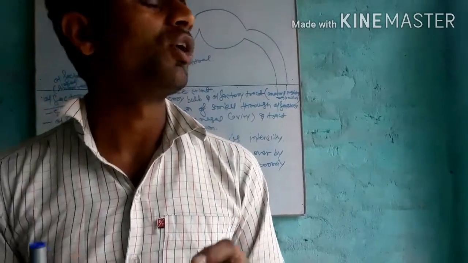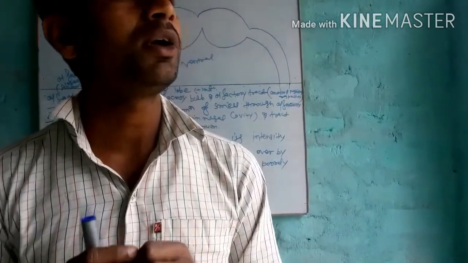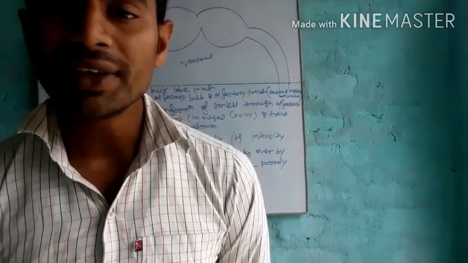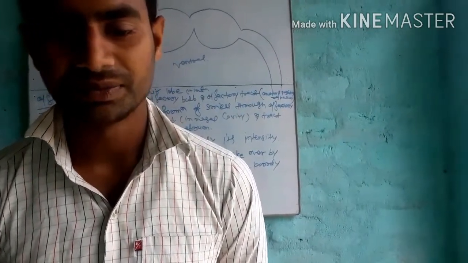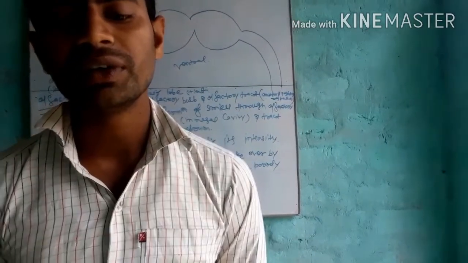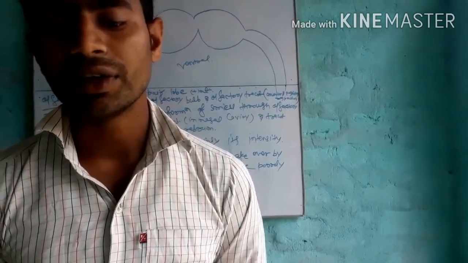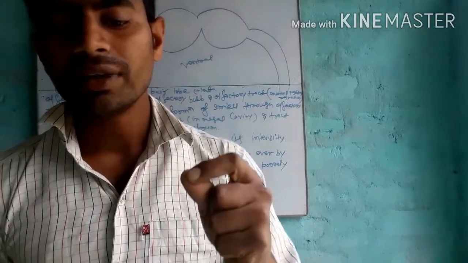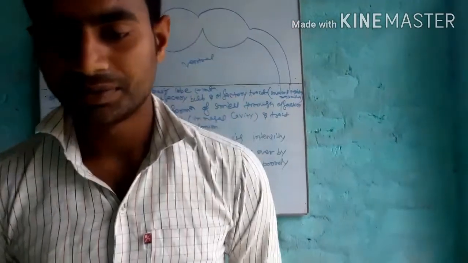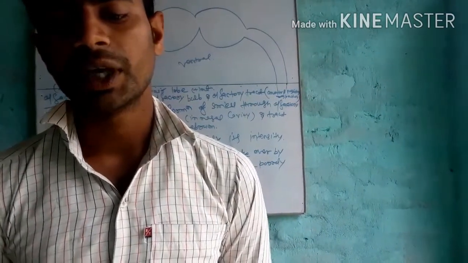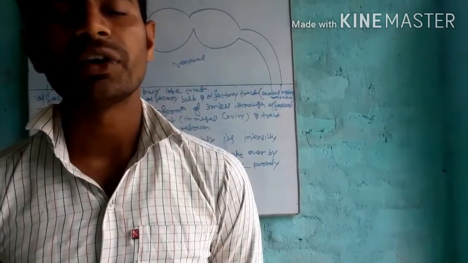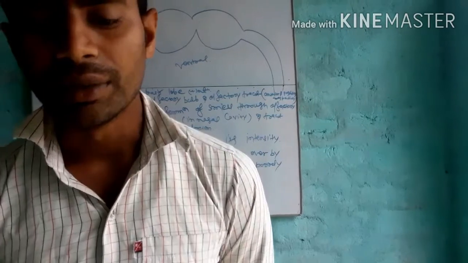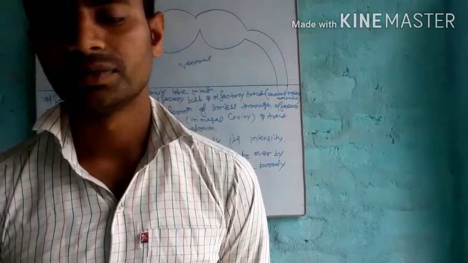Due to its grayish appearance. The neuron cell bodies are concentrated here, giving the color.